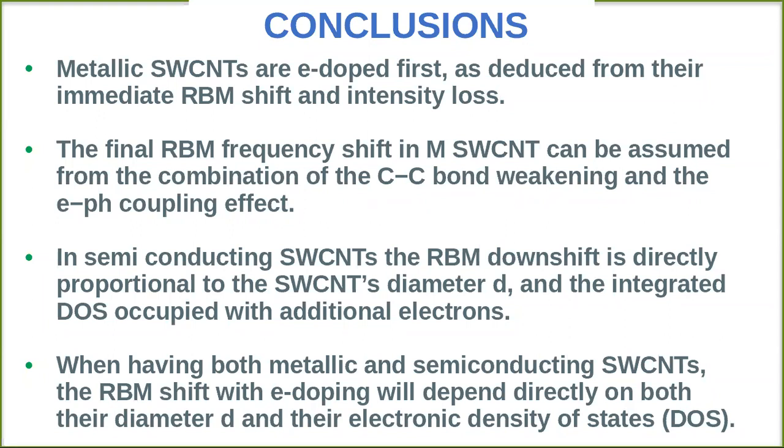Then the final RBM frequency shift in metallic single-wall carbon nanotubes can be assumed to be a combined effect from a carbon-carbon bond weakening and the electron-phonon coupling effect. Why do I say this? Because as you increase the amount of electrons, and as all this system behaves as a single unit, the radial breathing mode will be affected because you have potassium atoms around the nanotube.